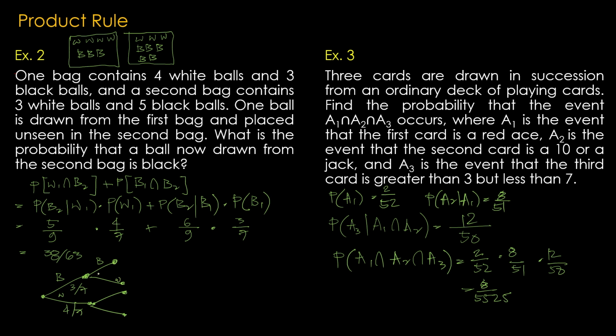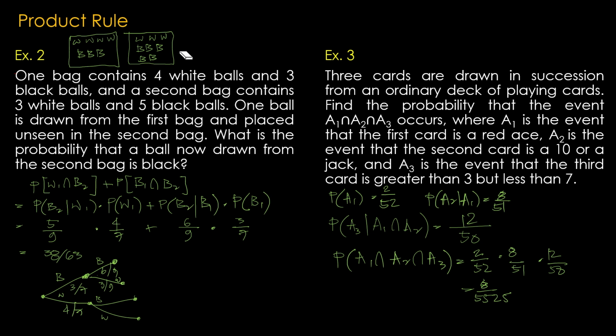The probability of drawing black on the second draw, given that you've drawn black in the first draw, would be 6 over 9. And for the white, that would be 3 over 9. So you can have either black or white.